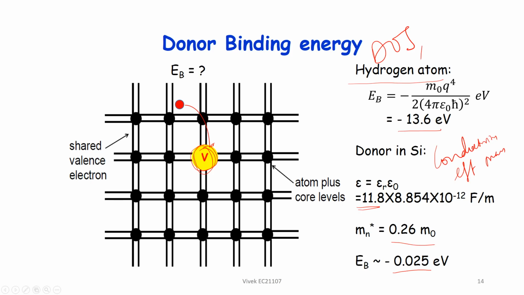These two terms we will discuss when we discuss the band structure. For now we can take the value 0.26 m0, and that gives around 0.025, which is not the exact value, but gives us an indication of the binding energy of the extra electron.